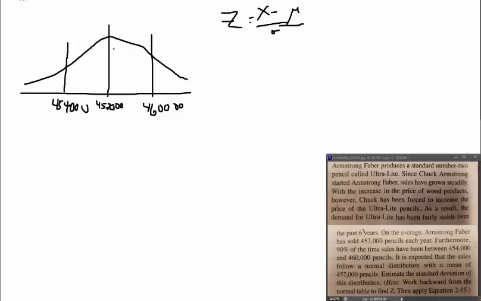Further, it says that 90% of the time sales fall within 454,000 and 460,000 pencils. So I'm interested in this, and we know, because we were told, that this represents 90% of our sales.